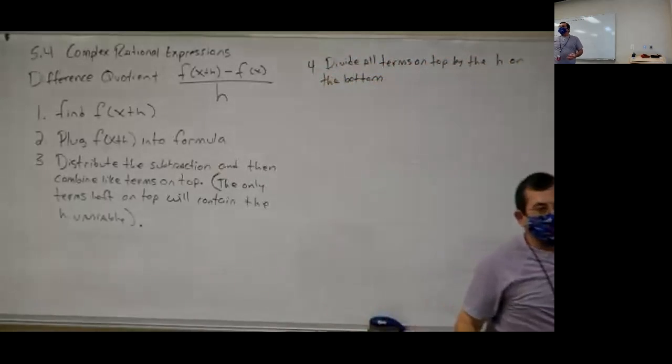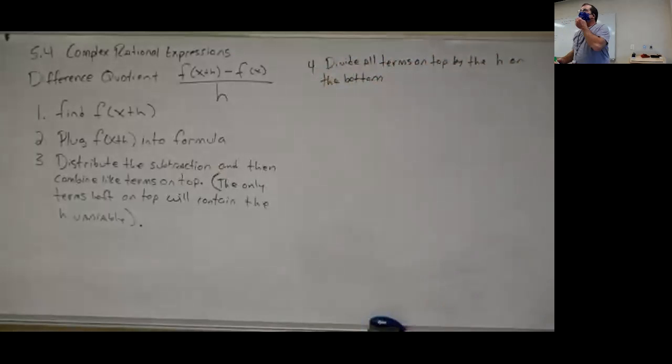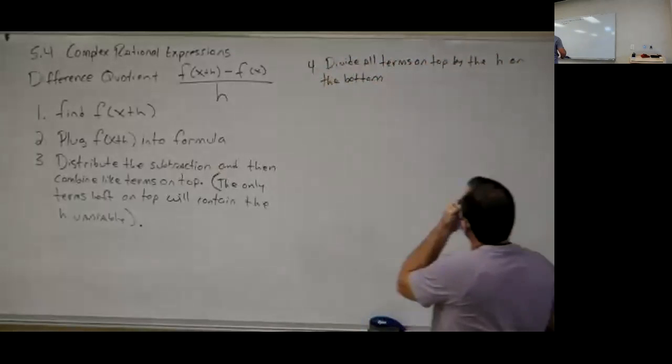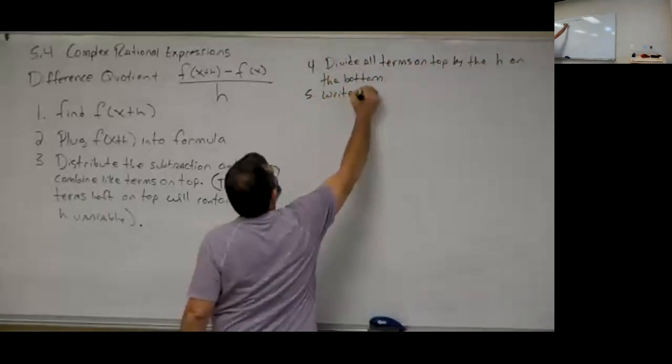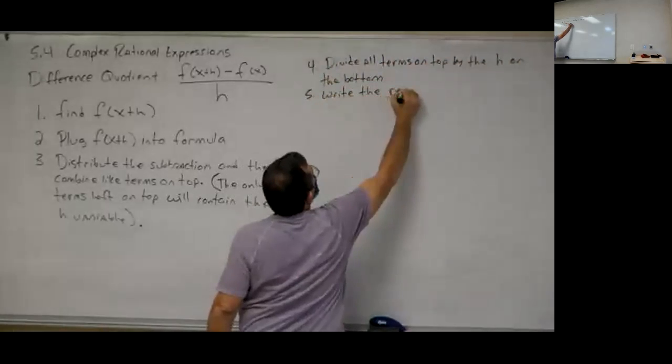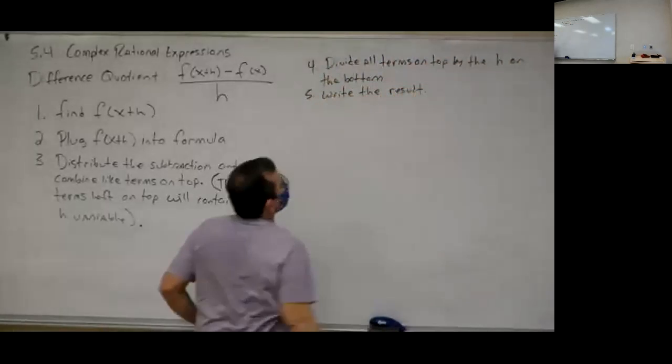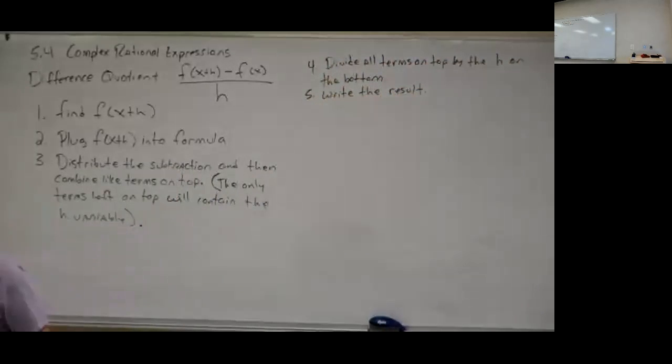And basically when you do that, you're just simplifying it on down, okay? And then at that point, write the answer. Or how about write the result? Okay, so they're not bad.